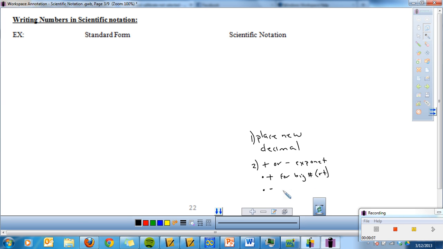A negative exponent is for numbers that are smaller. They're going to be between 0 and 1, or when you move to the left.